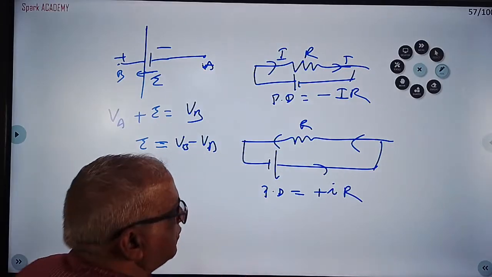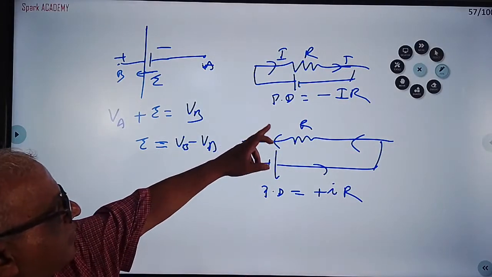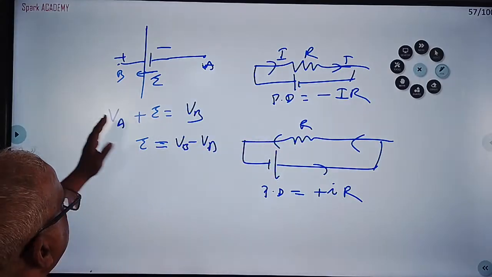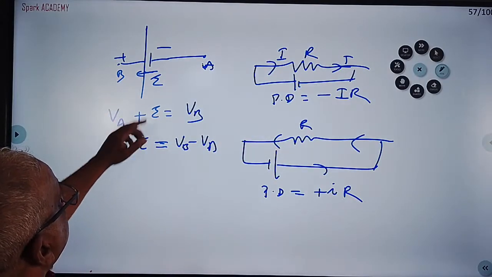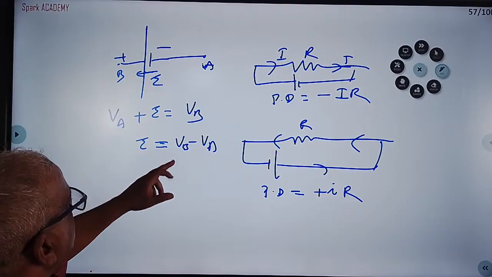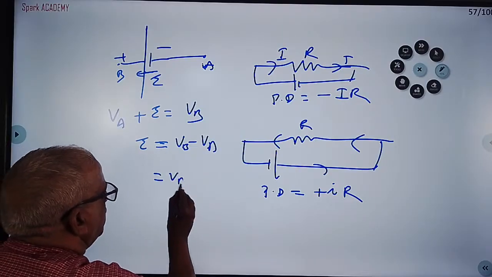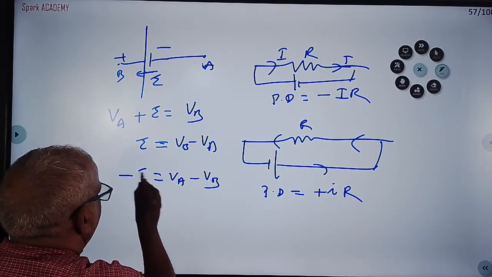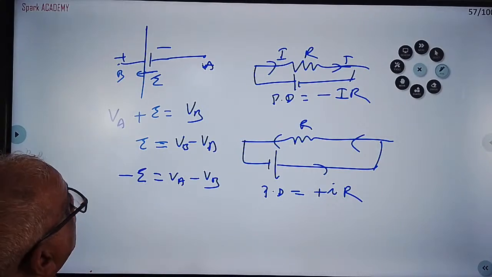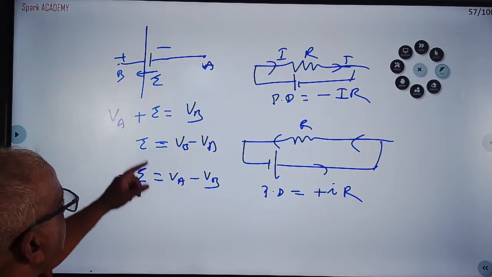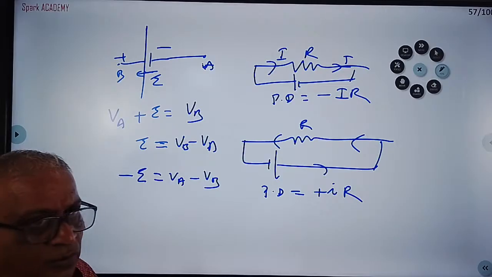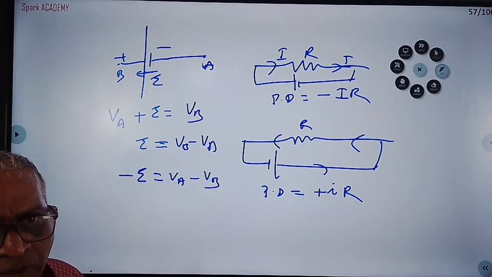In the upward direction of current, plus IR; in the direction of current, the potential drop is minus IR. For cells, minus to plus, plus E. VA minus VB is minus E, and VB minus VA is plus E. These are the rules you will apply for a closed circuit.